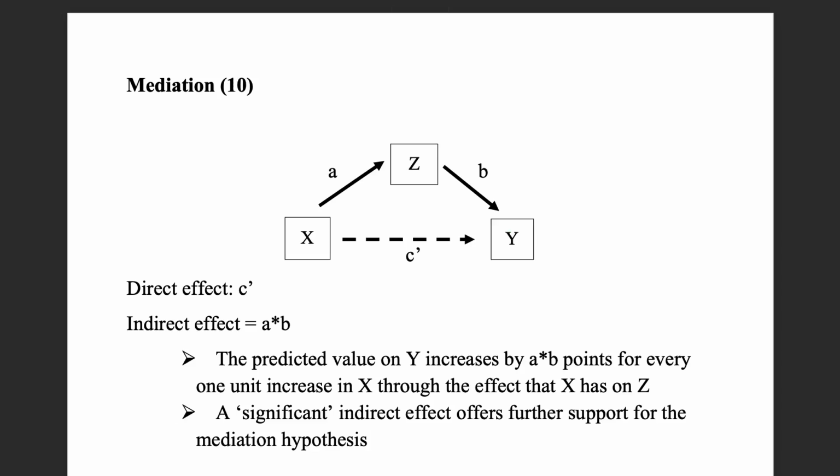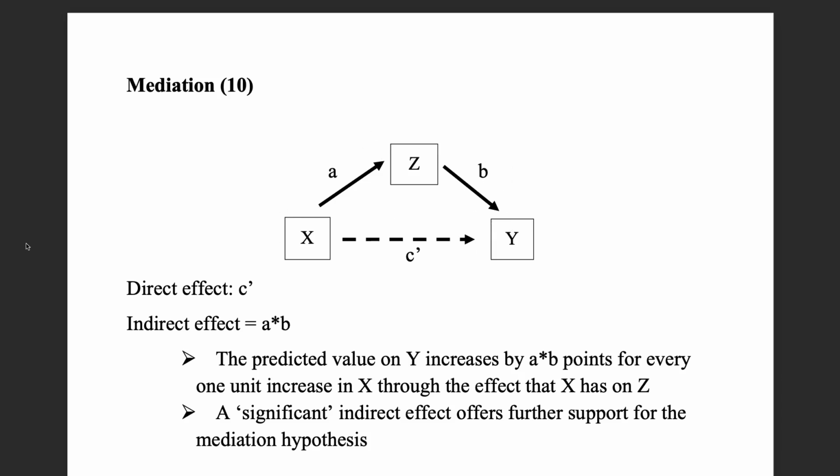You might take this even further. You might also want to test whether this indirect effect, so this A times B, is statistically significant. Because your mediation analysis implies that this path in its entirety is statistically significant. We know that this path was, in our example, but we don't yet know about this A times B, so this entire path taken together.